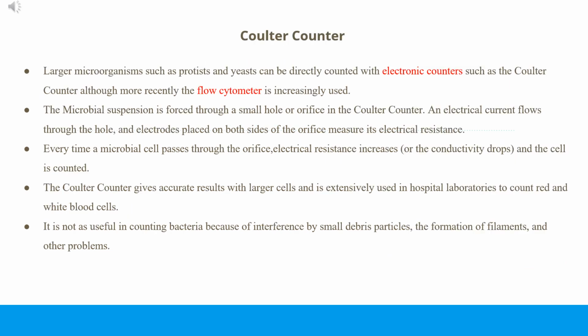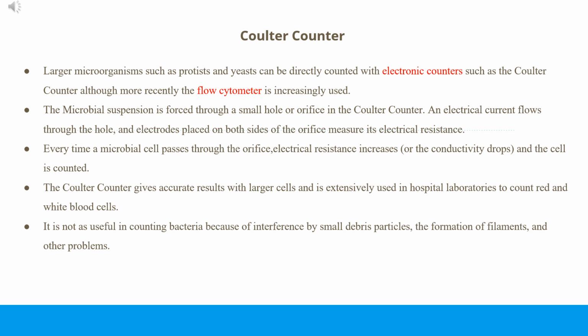This is the Coulter counter method. Large microorganisms such as protists and yeast can be directly counted with electronic counters such as the Coulter counter, although more recently the flow cytometer is used. The microbial suspension is forced through a small hole or orifice in the counter.